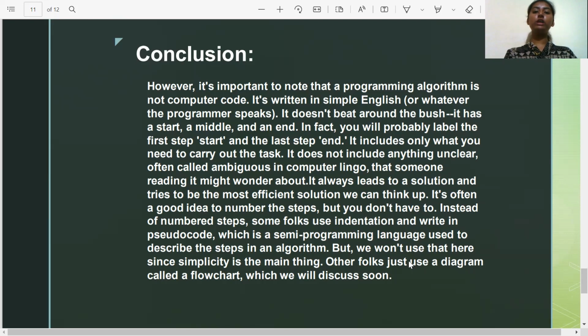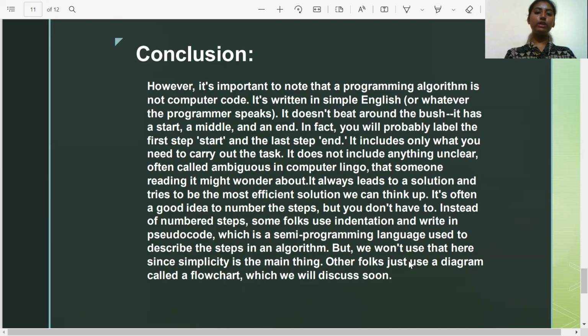It does not include anything unclear, often called ambiguous in computer lingo, that someone reading it might wonder about. It always leads to a solution and tries to be the most efficient solution we can think of.